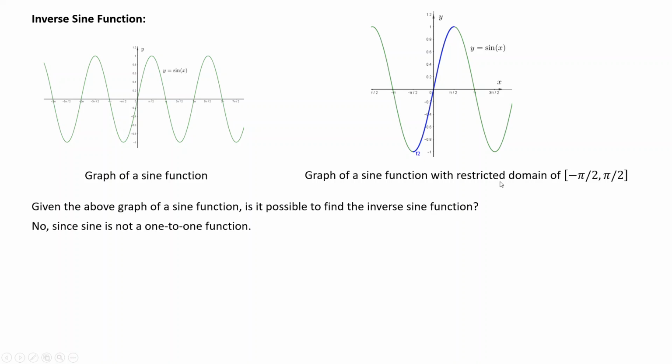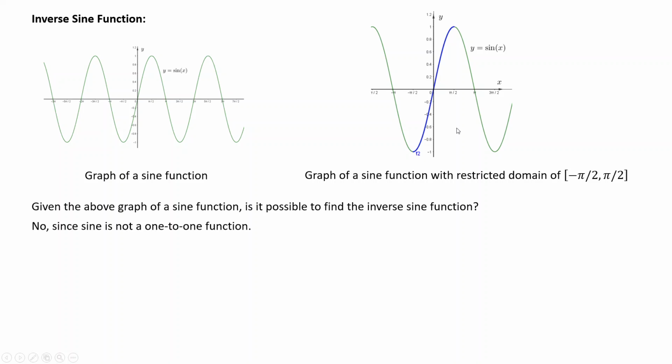A second question that should pop up in your head is, as we are in the process of restricting the domain, why not just pick only the piece from 0 to pi half? Only that part. Why negative pi half to pi half? Can you answer that? Why not just the graph from 0 to pi half?